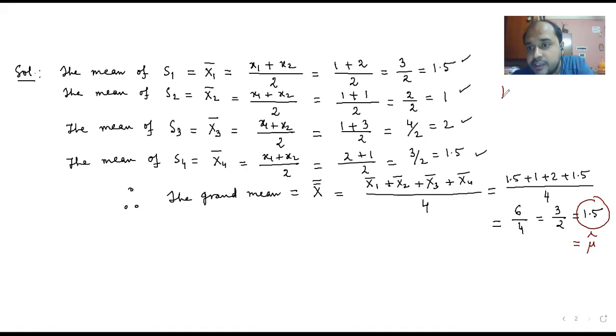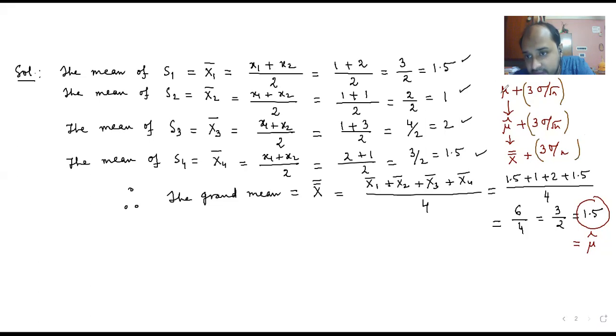If I talk about this formula, mu plus 3 sigma by root n, since mu is not known, we have to replace mu by mu cap, and mu cap is actually the grand mean, that is X bar bar plus 3 sigma by root n. Okay, let us keep this aside, we are not talking about it right now. We have calculated the estimate of population mean.